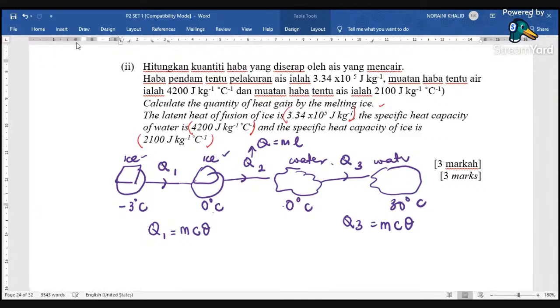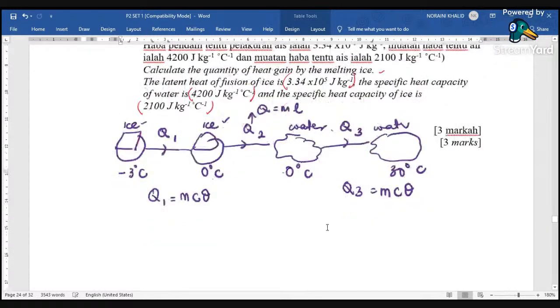So there are 3 types of energy required. To calculate the total energy, Q equals mc theta for ice plus mL plus mc theta for water.